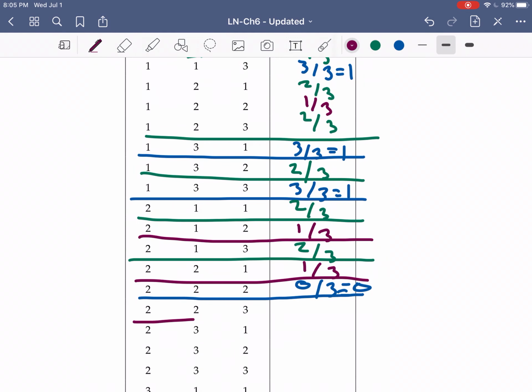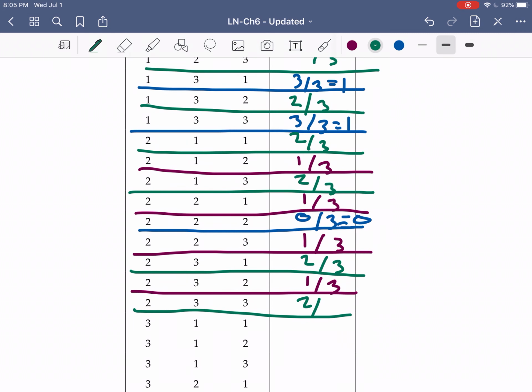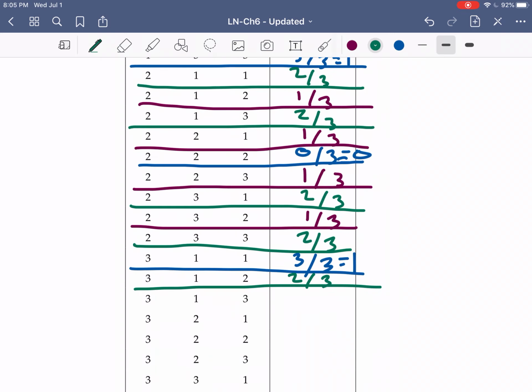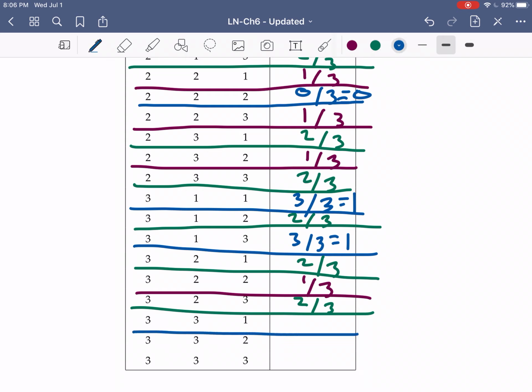And then again, we have 1 out of the 3 rolls. 2 out of 3. 1 out of 3. 2 out of 3. 3 out of 3 are 100%. 2 out of 3. 3 out of 3. 2 out of 3. 1 out of 3. 2 out of 3. 3 out of 3. 2 out of 3. And finally, again, 3 out of 3.